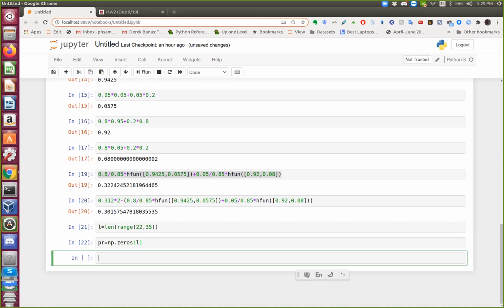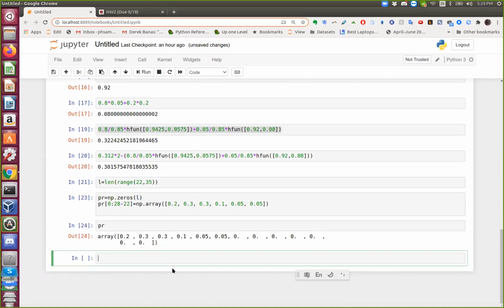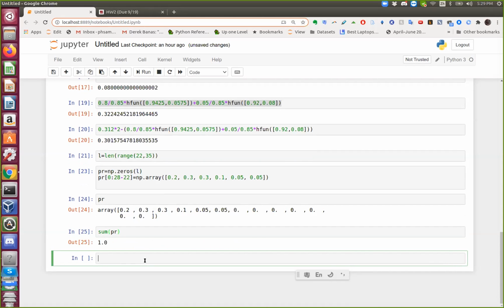So the rainy vector, let me just copy it. I have it here. So the rainy vector is like that. Then I have my P(T|rainy) something like that, right? It goes from 22 degrees up to 34 degrees, I think. This is all the probability for rainy, and you want to check that they actually sum up to 1.